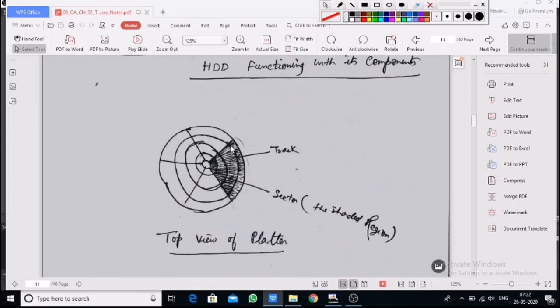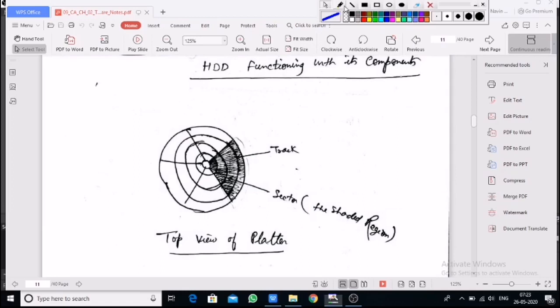And here it consists of the top view of the hard disk drive, meaning the platter. It is made up of tracks and sectors. This round circular region is known as a track.